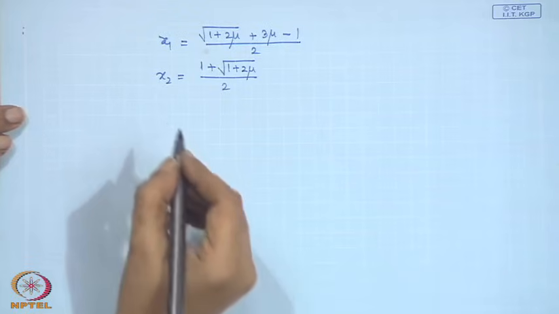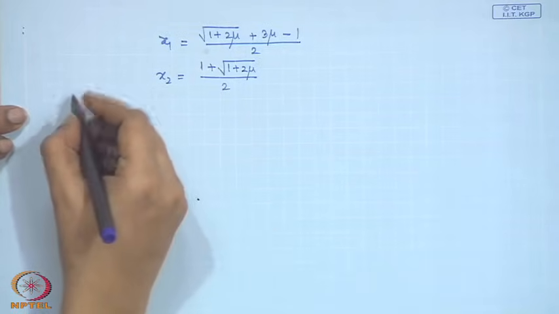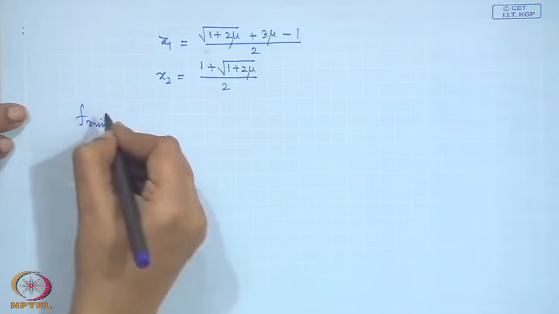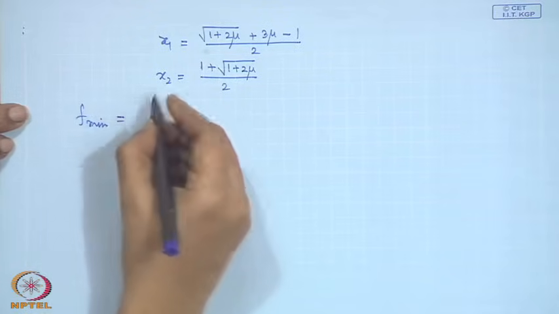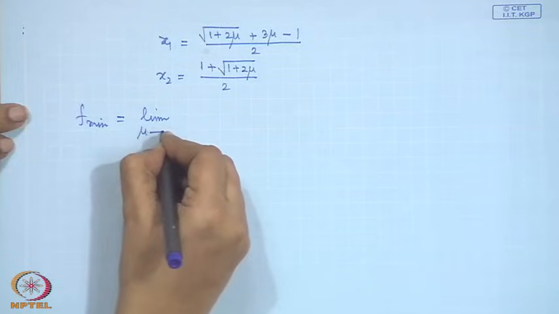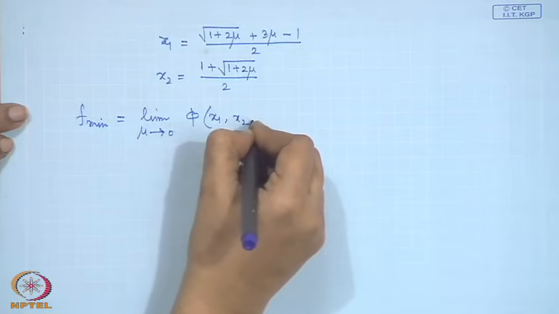Now, how to get the optimal solution for the original problem? With the technique we have just learned, we will consider f min, where f is the objective function of the original problem. This would be the limit of mu tending to 0 of phi (x1, x2, mu).